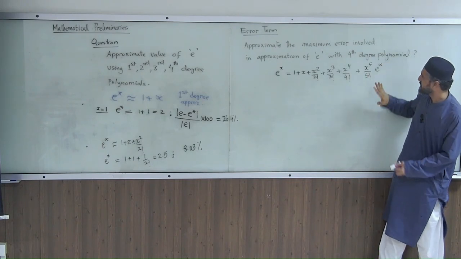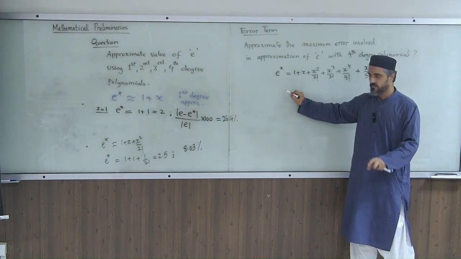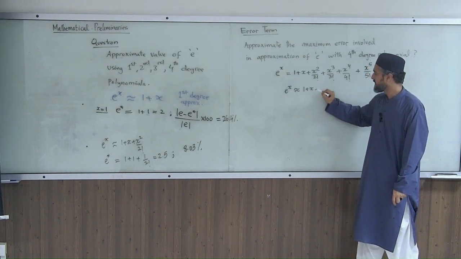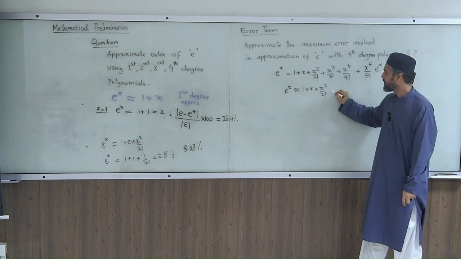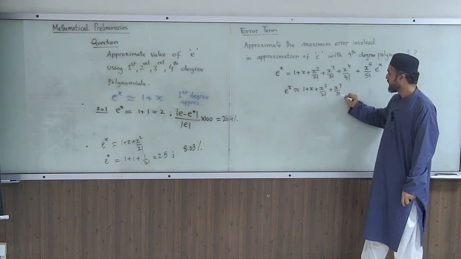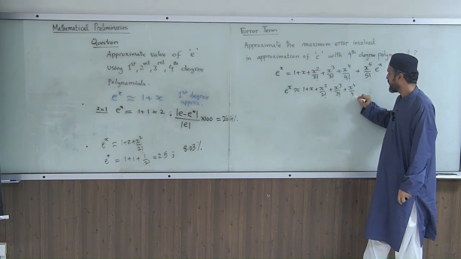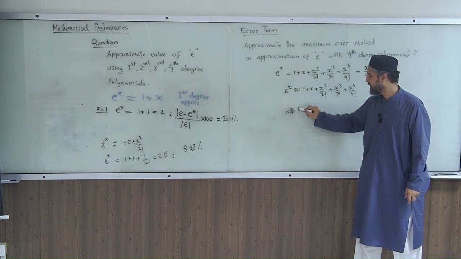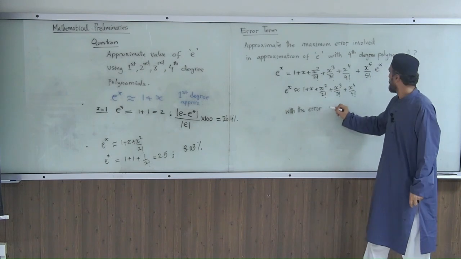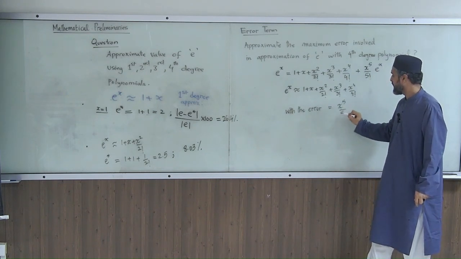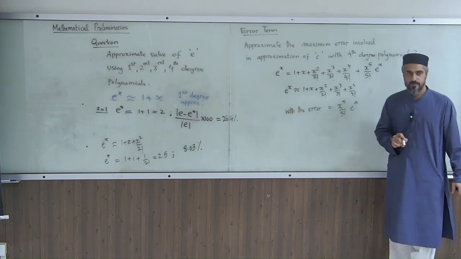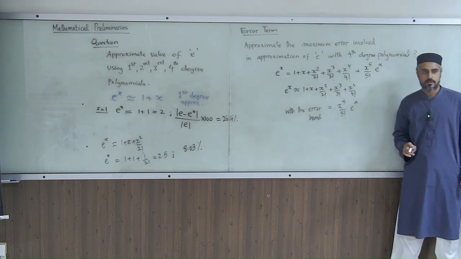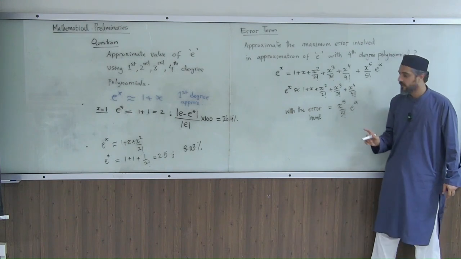Okay, so if I write this in another form, e power x approximation is just 1 plus x, x square over 2 factorial, x cube over 3 factorial, plus x4 over 4 factorial, with the error, which is x power 5 over 5 factorial e power alpha. Let me write it as the error bound, okay? Rather than error, I'm just using the term error bound.